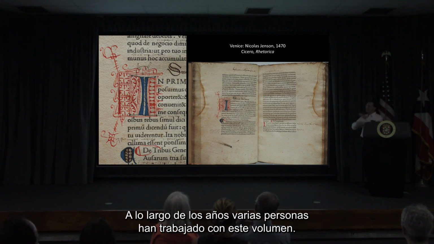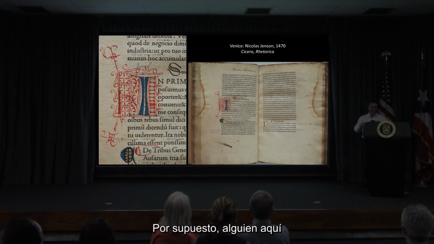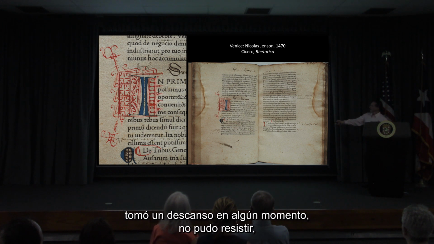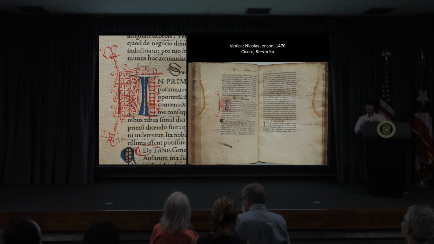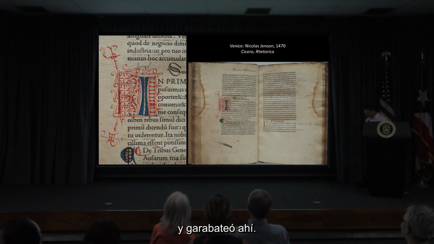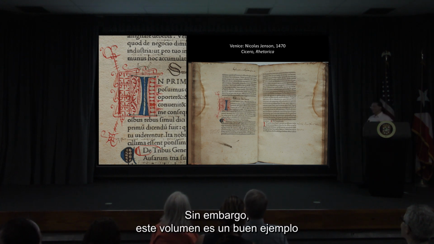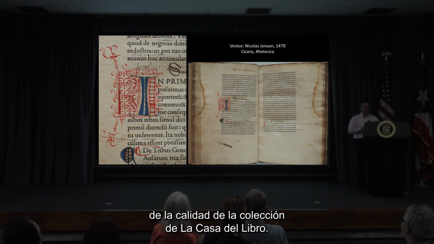Over the years, a number of people worked on this volume. And of course, somebody here took a break at some point, couldn't resist, and doodled that. However, this volume is a good example of the quality of the collection of La Casa del Libro.